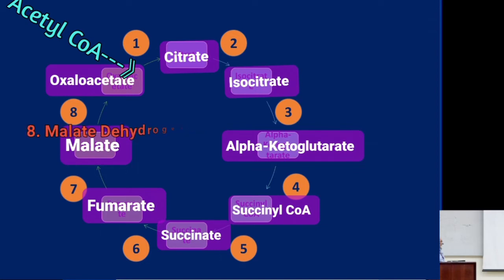Again, you oxidize malate back to oxaloacetate. You oxidize one thing, you reduce something else, so you form NADH. And that's the last high energy molecule formed, by malate dehydrogenase. Importantly, you have regenerated oxaloacetate, what you started out with.